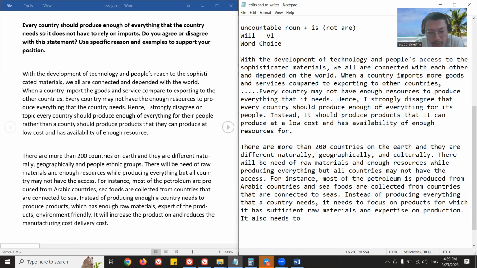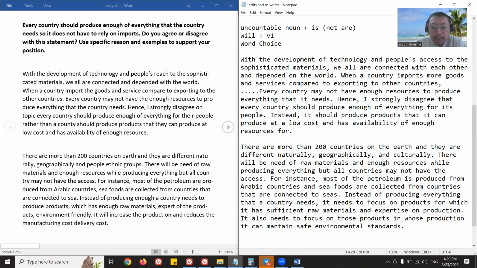It also needs to focus on those products in whose production it can maintain environmental concerns, right? Environmental, I say it can maintain environmental, some kind of what, environmental standards, right?